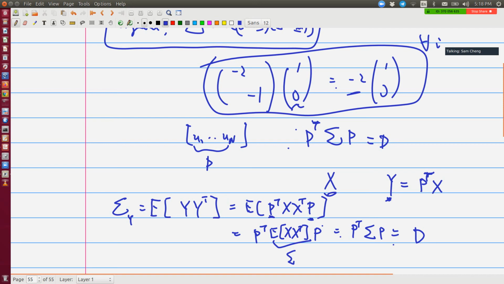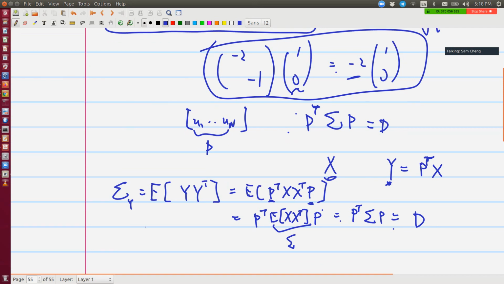You see that after the transform, the y variables are uncorrelated, because the covariance matrix is diagonal.